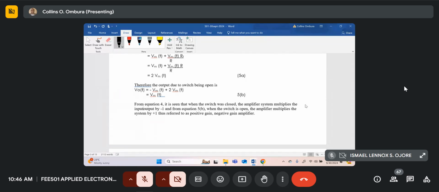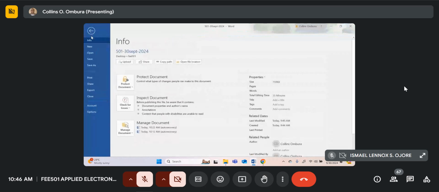And when the switch is open, the amplifier multiplies the input by a +1. Hence, thus referred to as a positive gain, negative gain amplifier.